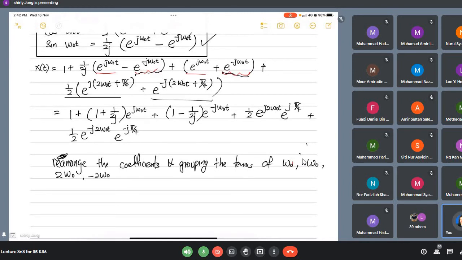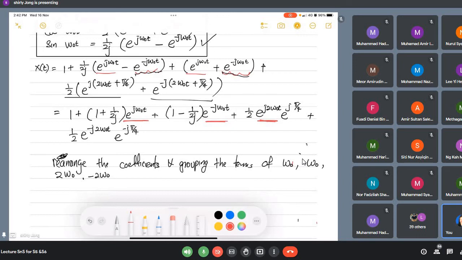If you look at here, let me draw the line. This is omega naught, and this is minus j omega naught, and this part is 2 omega naught, and this part is minus 2 omega naught. So you collect all these terms.